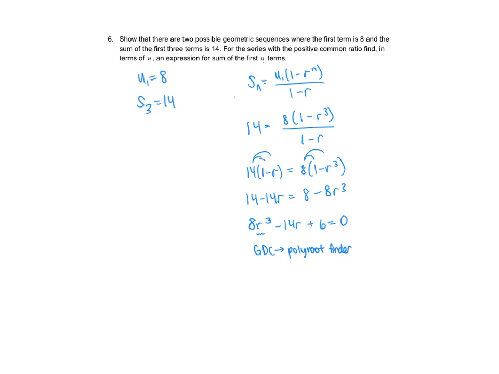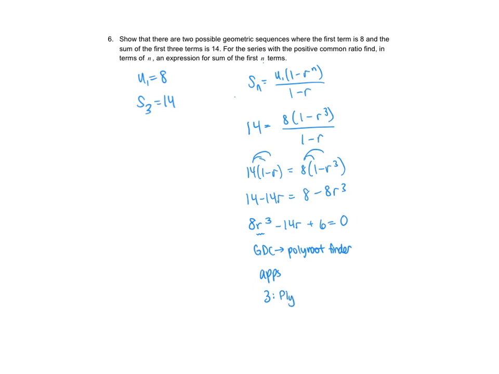So to do that, you go into apps, and it depends on how many apps you have, but mine is number 3. You should really only have 3. You can have finance, catalog help, and poly simultaneous 2.